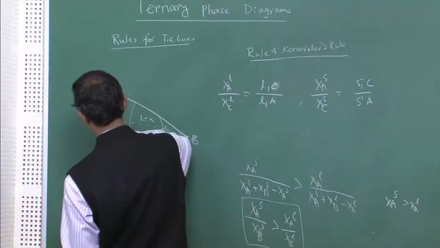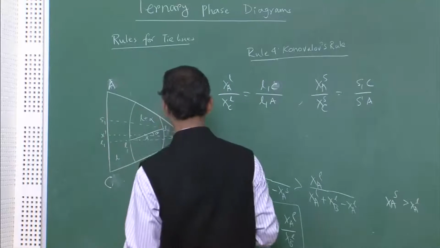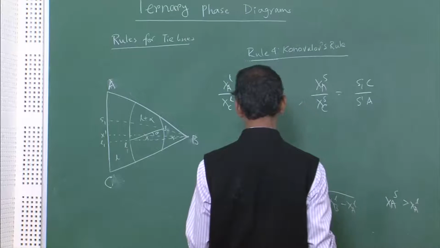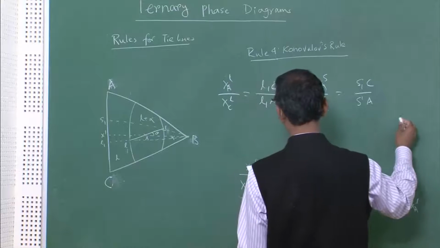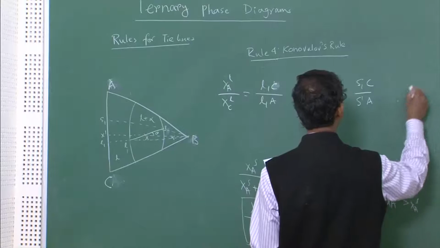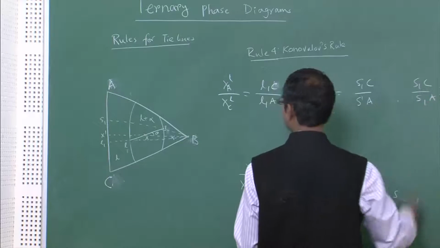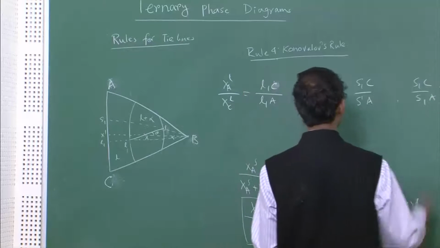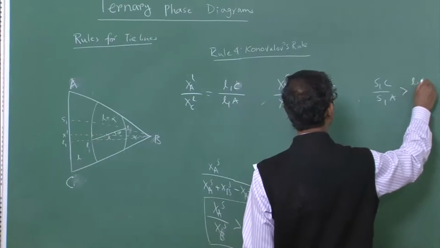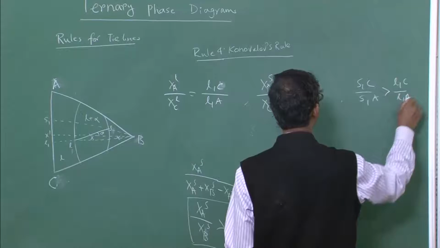As you know, S1C divided by S1A is greater than L1C divided by L1A.